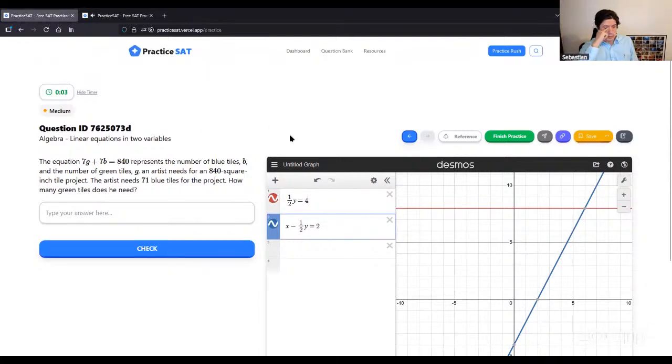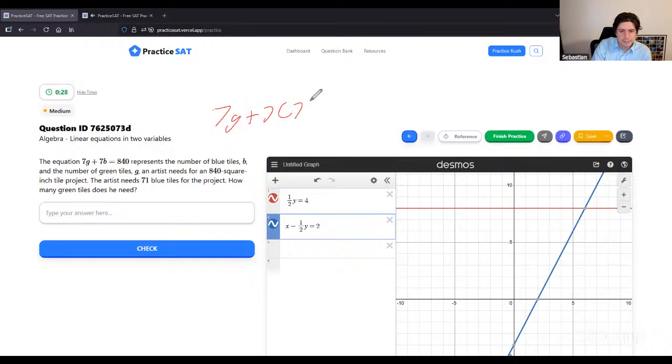The equation 7g plus 7b equals 840 represents the number of blue tiles B and the number of green tiles G an artist needs for a 40 square inch tile project. The artist needs 71 blue tiles for the project. How many green tiles does he need? Okay. So we just plug in. We're going to have 7g plus 7 times 71 equals 840.